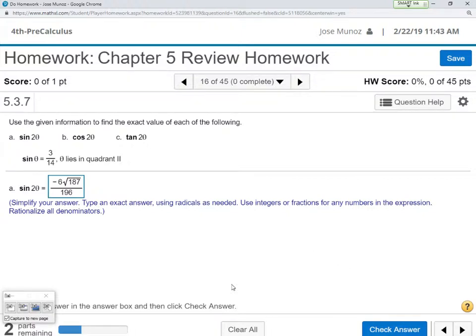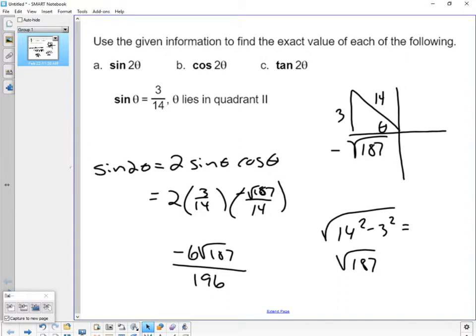Oh, 196? Yeah, they're both even. So this should be negative 3 square root of 187. Oh, divide by 2, my bad. 98.